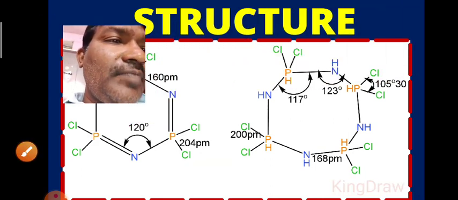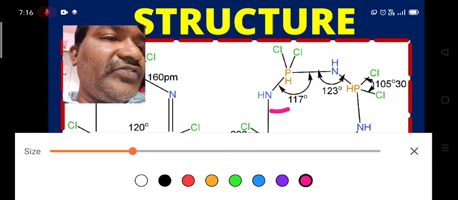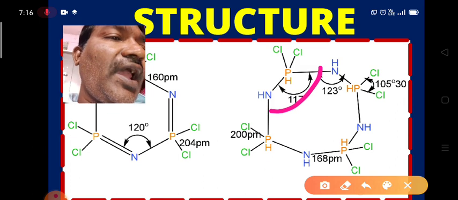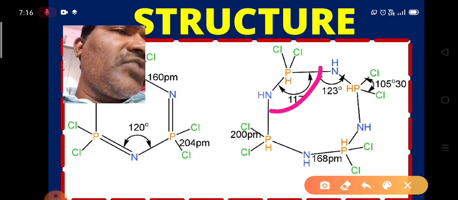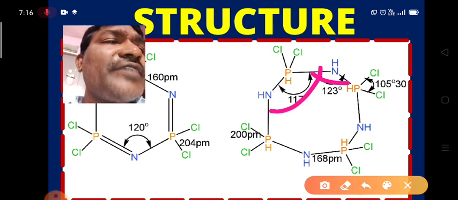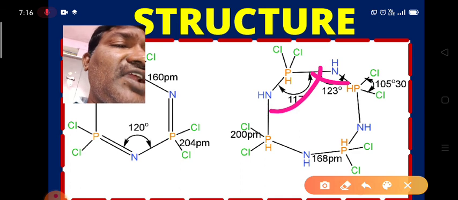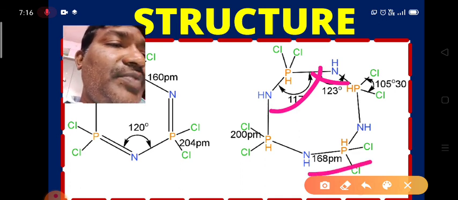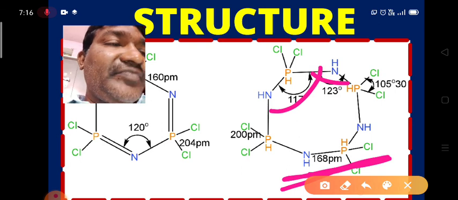In the tetramer, the PNP bond angle is 117 degrees, and here one more angle we find. That means here we have two types of angles in the PNPs, that is 117 and 123, and the PN bond distance in the tetramer is 168 picometers.